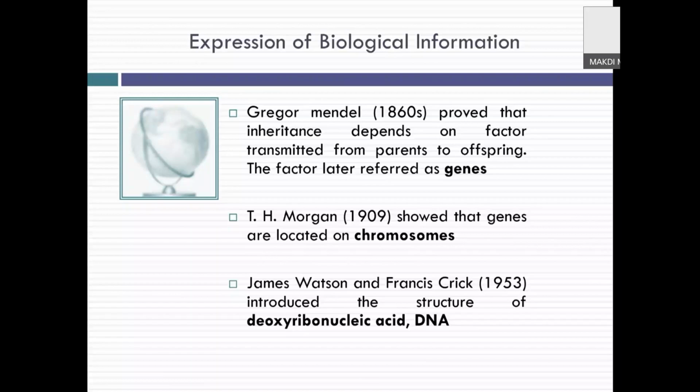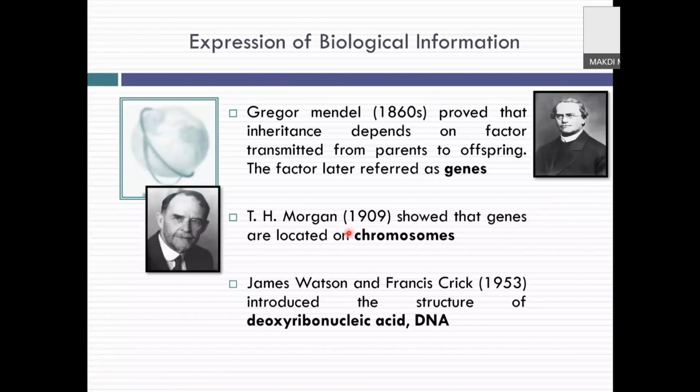So from Mendel's discovery, for hundreds of years, the scientists tried to find what the factors are, and they referred to the factors as genes. It took hundreds of years before the genes were proven to be located on the chromosomes. And then after James Watson and Francis Crick introduced the structure of DNA, deoxyribonucleic acid, the science of expression of biological information was explained.